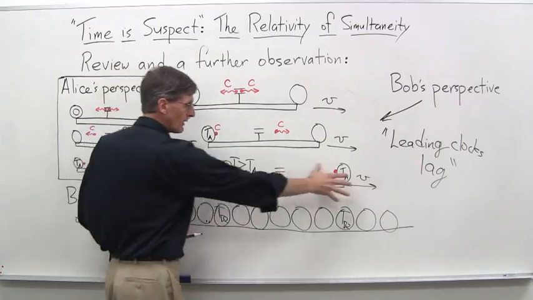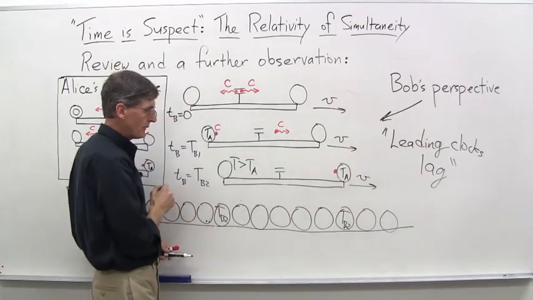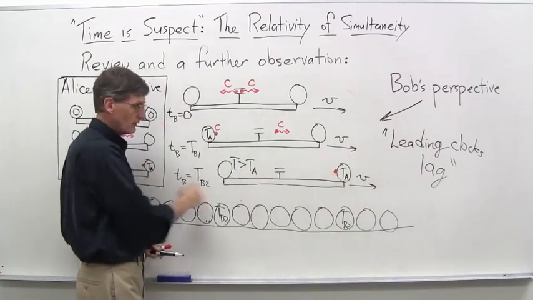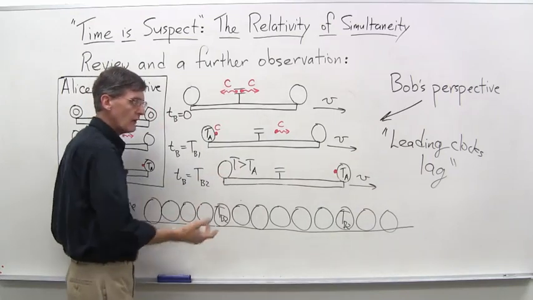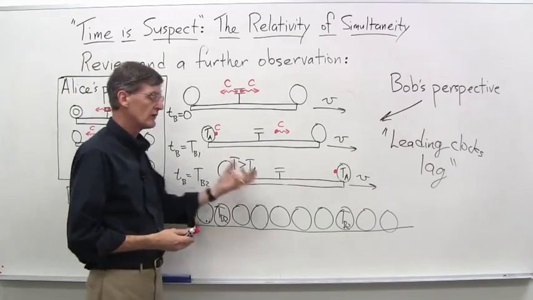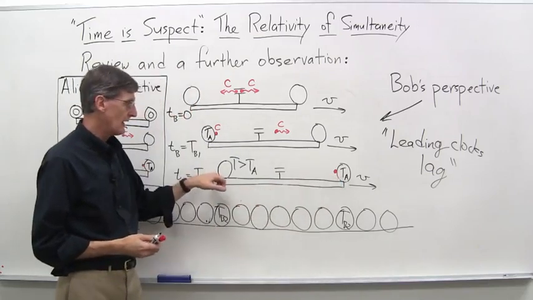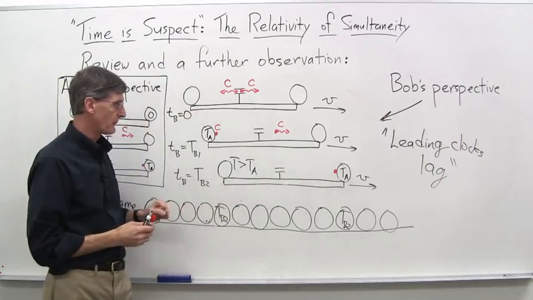So Alice's clocks here, as far as Bob is concerned, the leading clock on the leading edge as she's moving in that direction is going to be behind a trailing clock, wherever it might be. And later on in the course, we're actually going to do a calculation so we can figure out exactly how much this clock lags this clock. And it's going to depend actually on the distance between them.